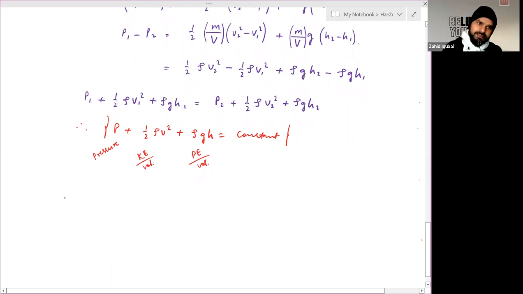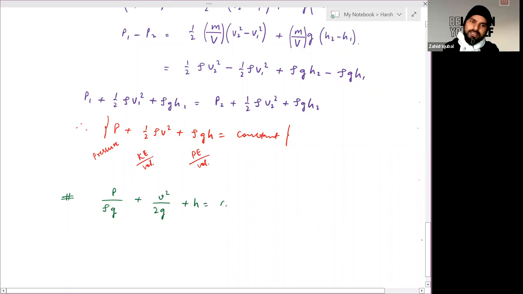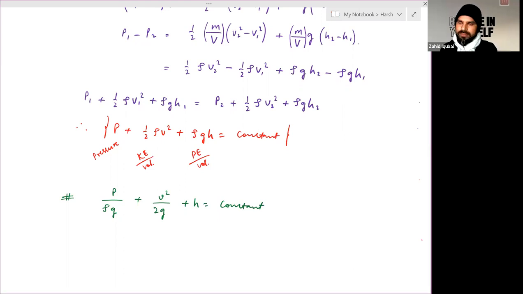So we may write this expression as P divided by rho g plus V square by 2g plus H, which again becomes constant. I just divide the whole expression by the constant part.